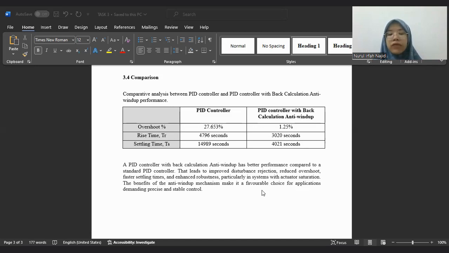So we also get the benefit of anti-windup, which is a better choice for applications because it demands precise and stable control. That's all for me. Thank you.